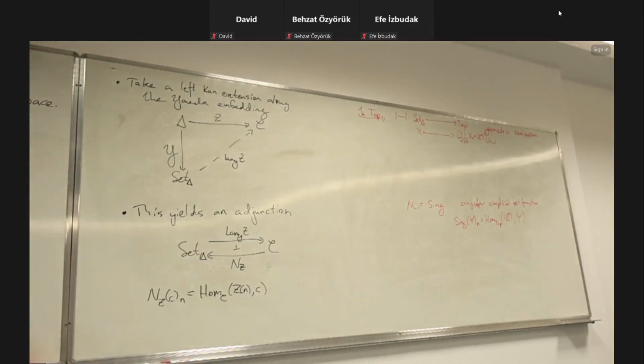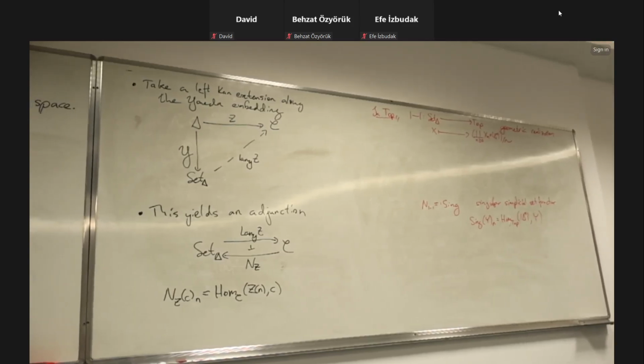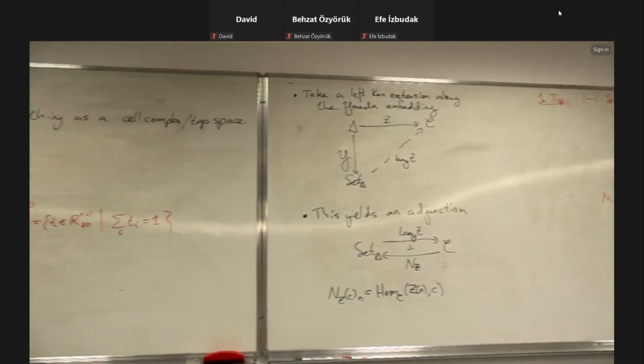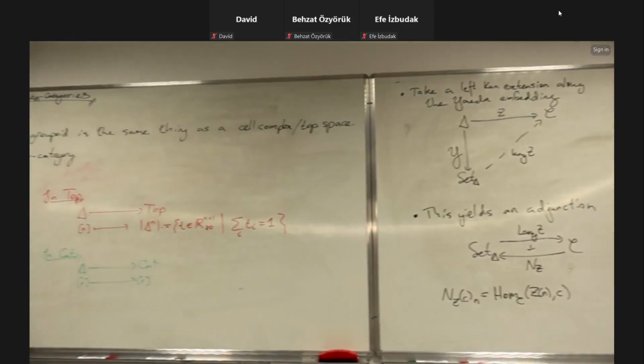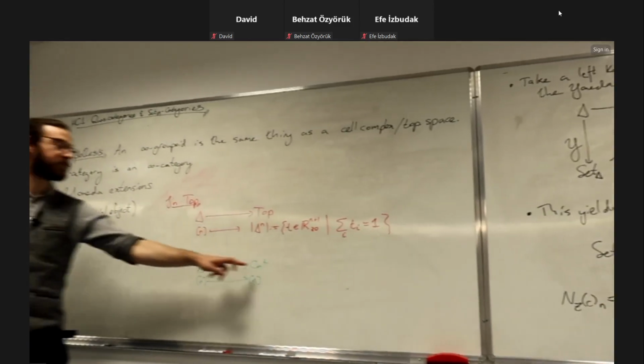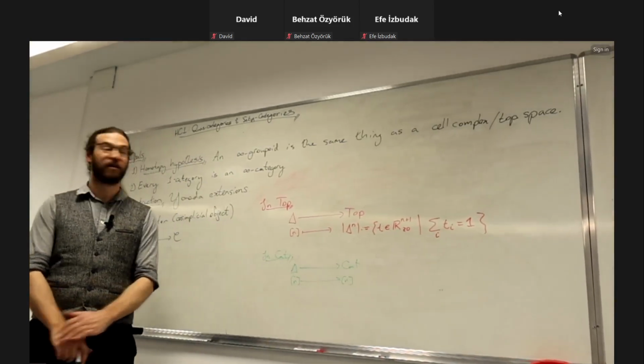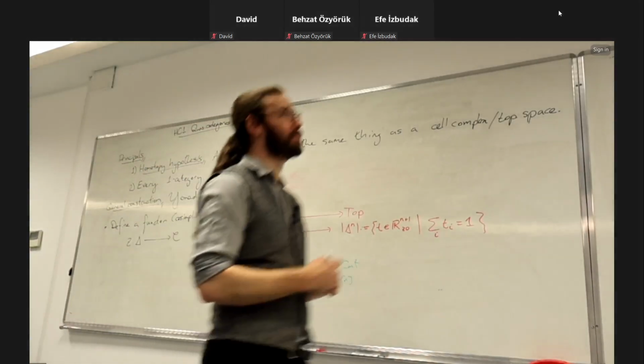And then in Cat, well, this functor is just the inclusion. We can view every partially ordered set as a category, and we can view Delta as just the full subcategory of categories on these partially ordered sets. So this simply becomes the inclusion.